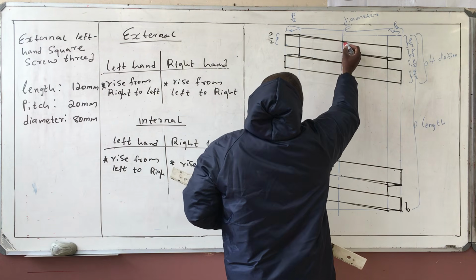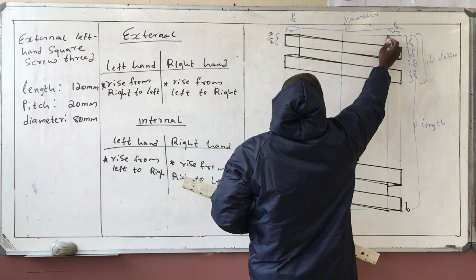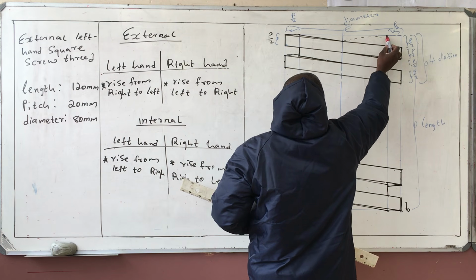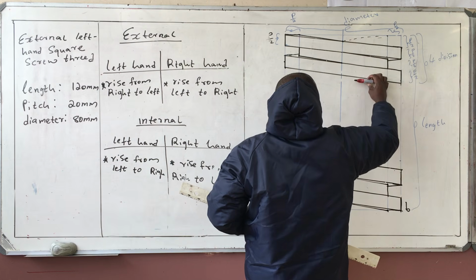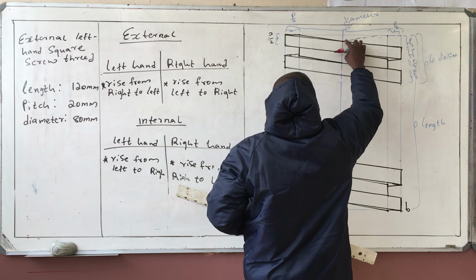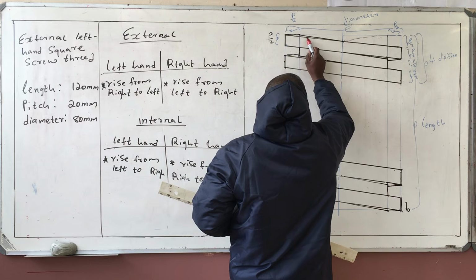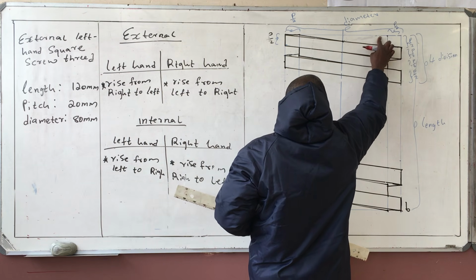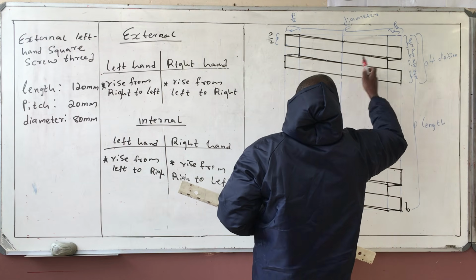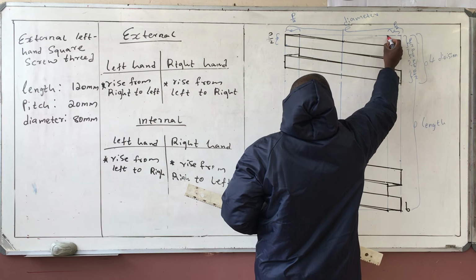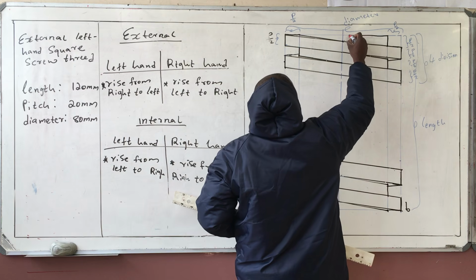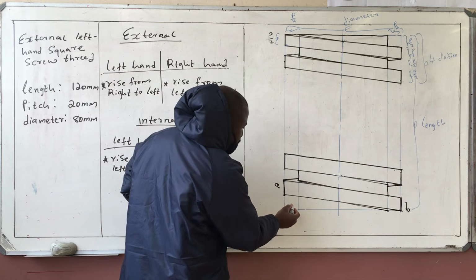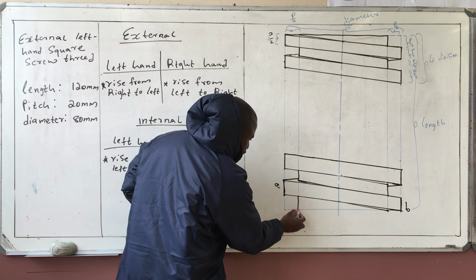Do not draw it from here up until there. Can you see there's no line which is parallel? If you draw it from there to there, there's no line which is parallel to it this side. But when you draw it from there to there, you can see this one is parallel to this one. So you make that one bold there. Even at the bottom, you make that one bold.